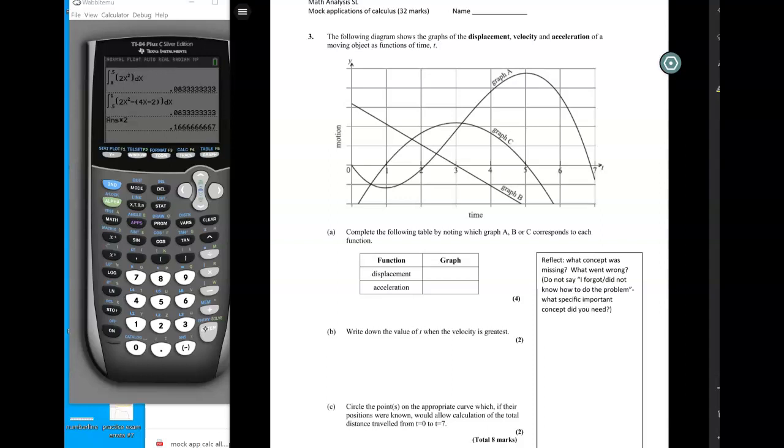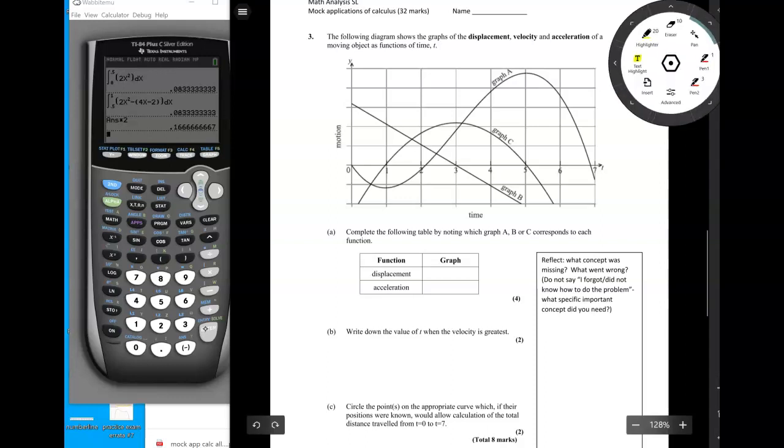And there's a couple ways to look at this. One of the ways is, we do know, of course, that when we take the derivative of displacement, we'll get velocity, and when we take the derivative of velocity, we get acceleration. And remember that whenever you have a polynomial, like for example a cube, when you take the derivative of a cube, it becomes a squared.